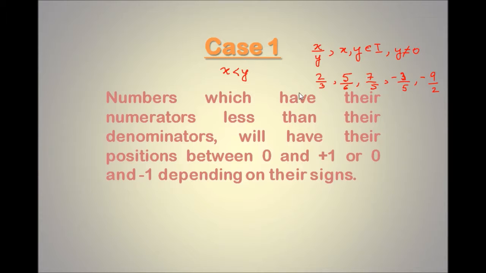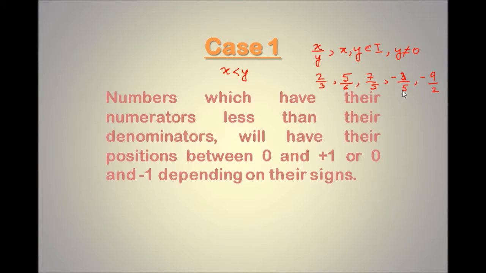And where will these types of rational numbers lie on the number line? If they are positive rational numbers like 2 by 3 and 5 by 6, they will have a position between 0 and plus 1.